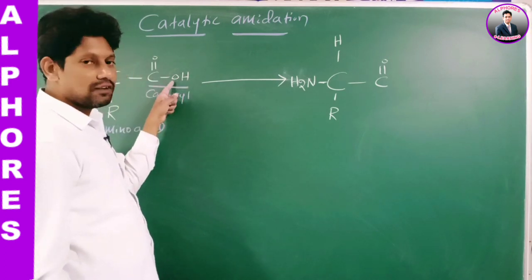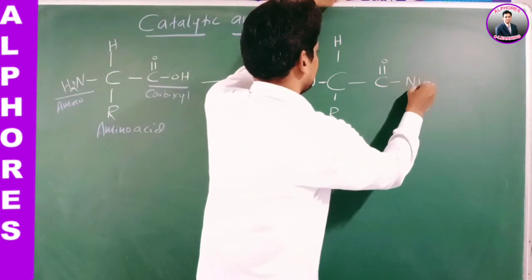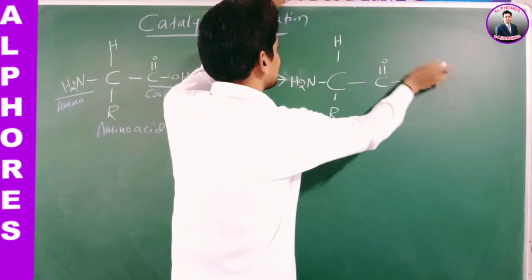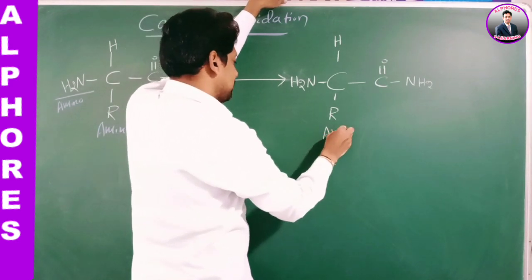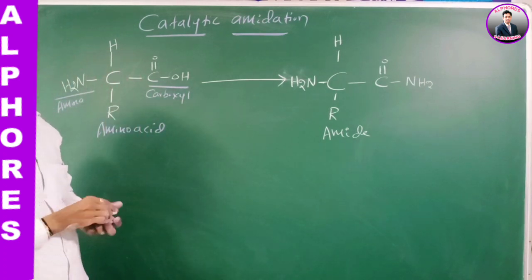This OH of COOH is replaced by what? Amino group. Then this formed compound is called an amide. Therefore, amino acid changed to amide: catalytic amidation.